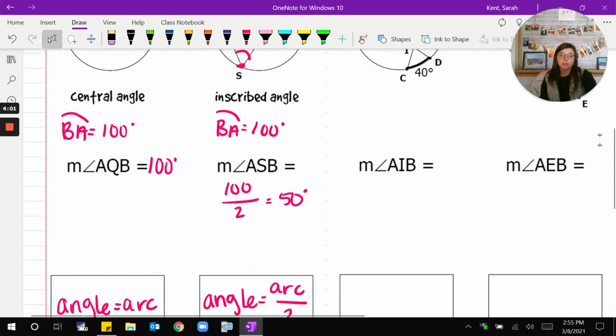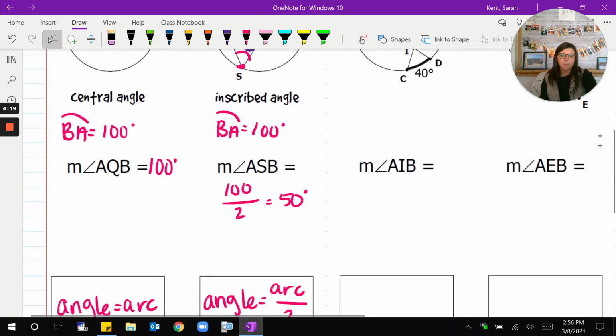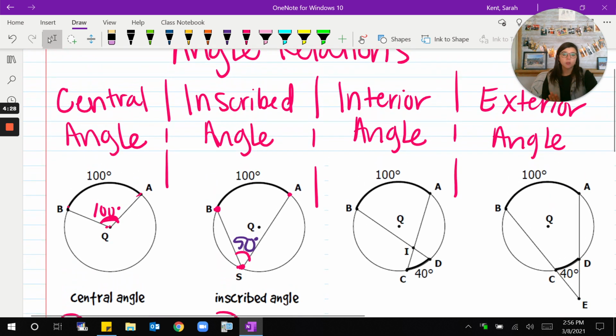So that means that if we say that ASB is 50 degrees, 50 times 2 gets me 100. If you have questions about that, you can pause and ask. Okay, so centrals are the same. Inscribed angles are half.